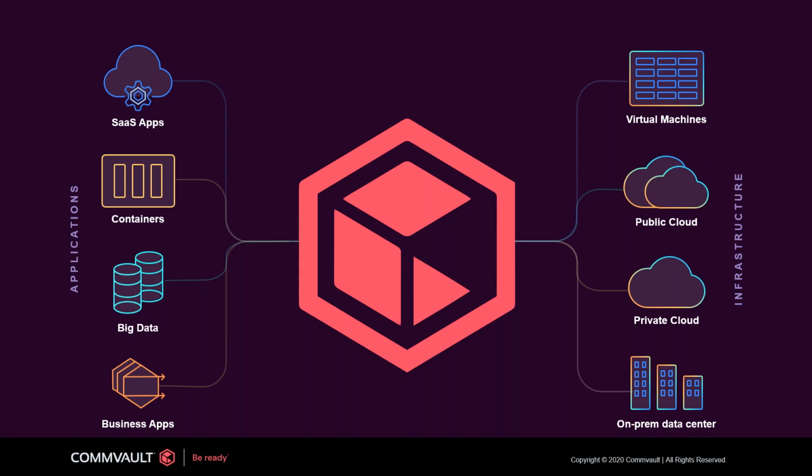So when we look at this slide, everything from SaaS apps and containers on the left-hand side, big data like GPFS or Hadoop, business apps, all the way through to your on-premise VMs or physical, public and private cloud, data centers, endpoints, desktops and laptops.